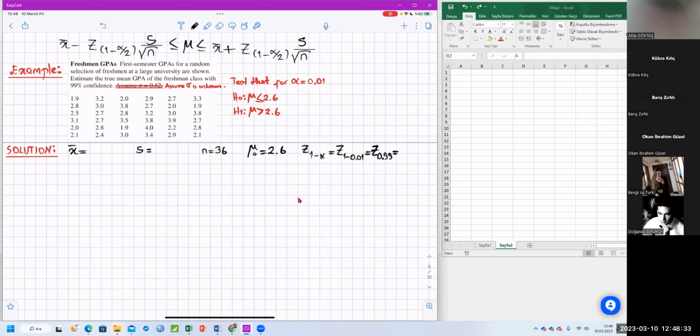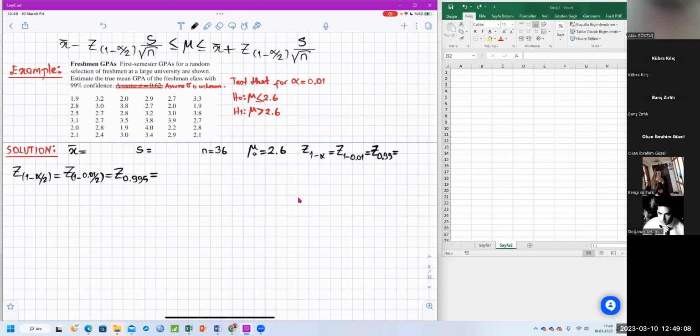I can easily manage the remaining. And I also need this value for the confidence interval, 1 minus alpha divided by 2. This is 1 minus 0.01 divided by 2, and you can easily perform such a calculation and see the result is 0.995. So I need to bring this value from the Gaussian distribution table.